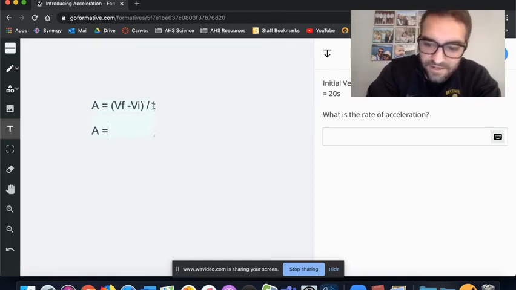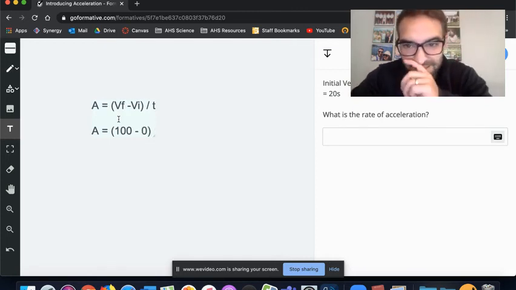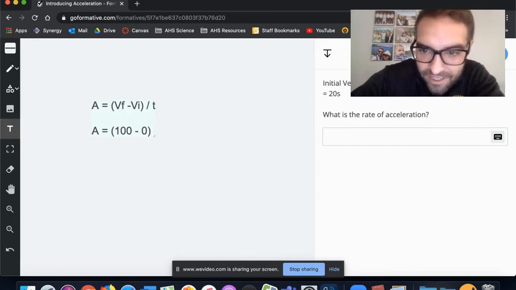So in this scenario, I've got a final velocity, if I look over here, of 100. Woo! Going fast. Okay, and the initial velocity is 0. And so this is going to be pretty common actually.